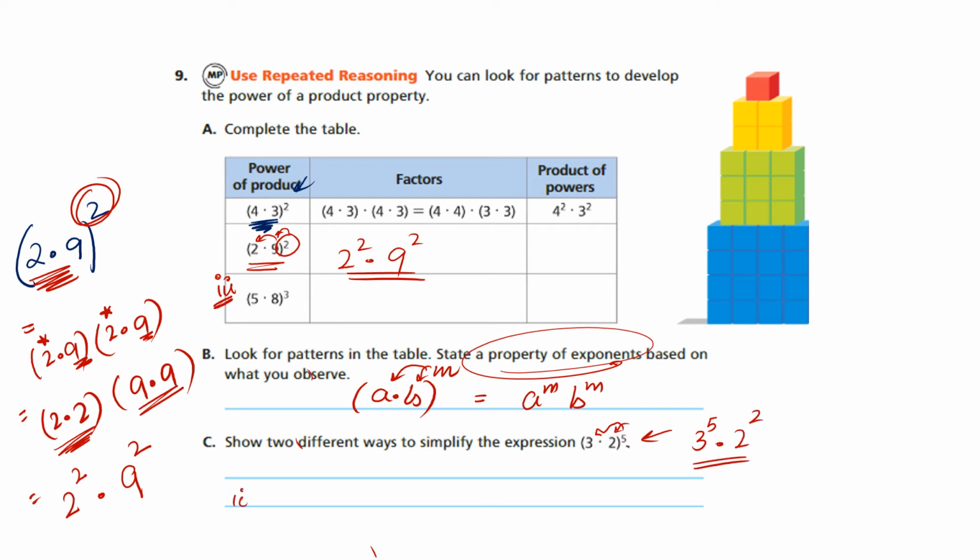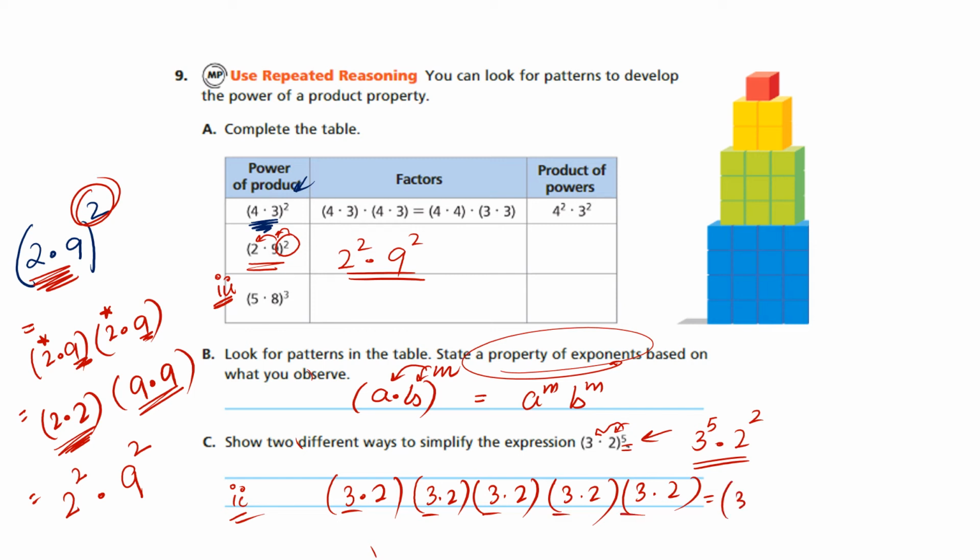Now what is the second way? The second way is that you have 3 and 2. So how many times do you have to write? You have to write 5 times, right? So you write 3 times 2, 3 times 2, here 3 times 2, here 3 times 2, and here 3 times 2. So 1, 2, 3, 4, 5. Now write all the 3's in one bracket.